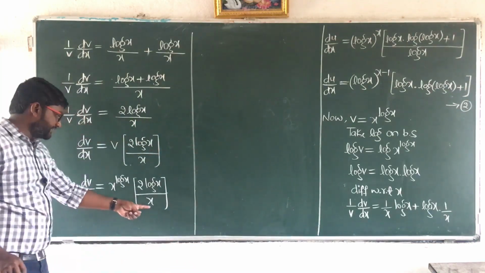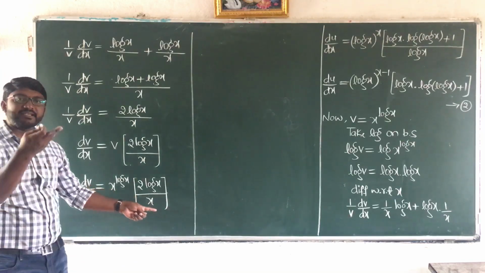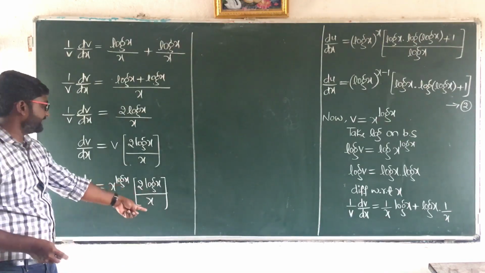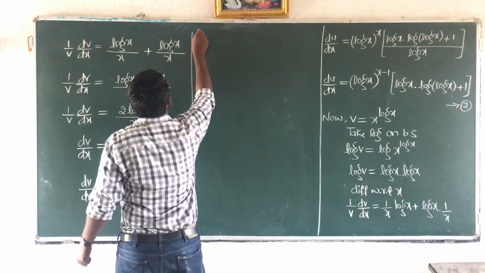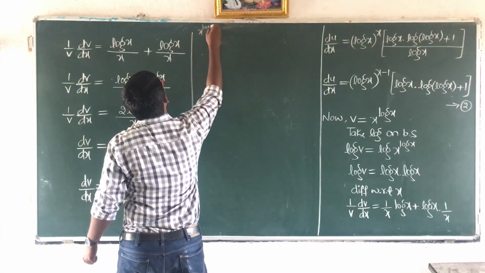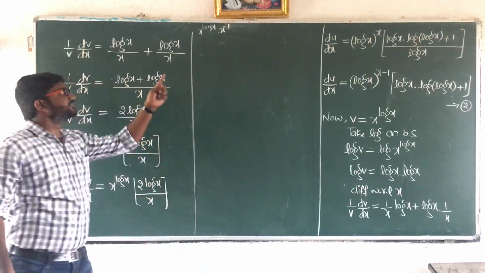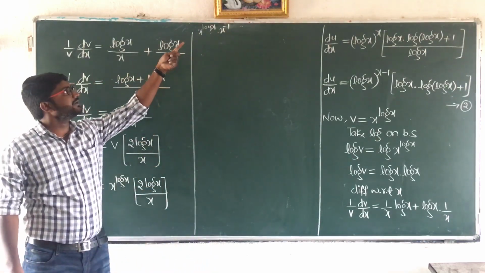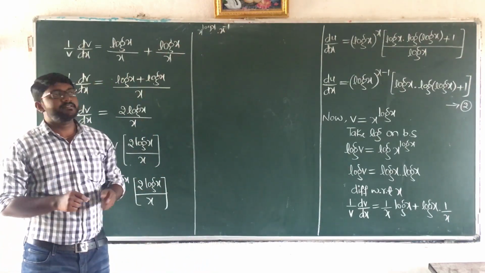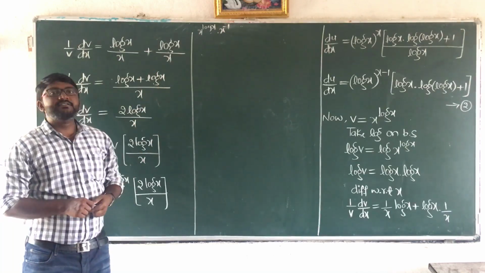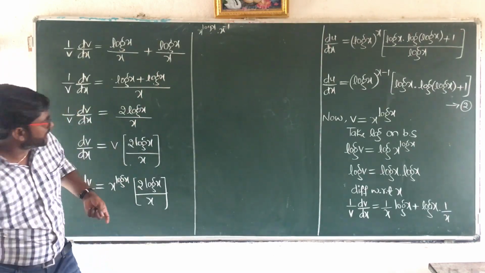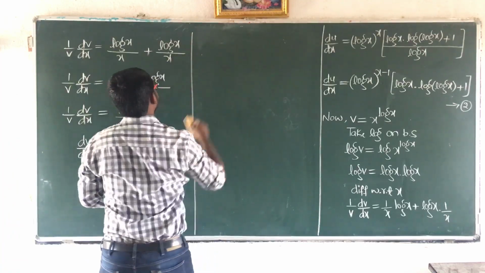Again you take x to the numerator, it becomes x to the power minus 1. x to the power log x into x to the power minus 1 can be written as x to the power log x minus 1.